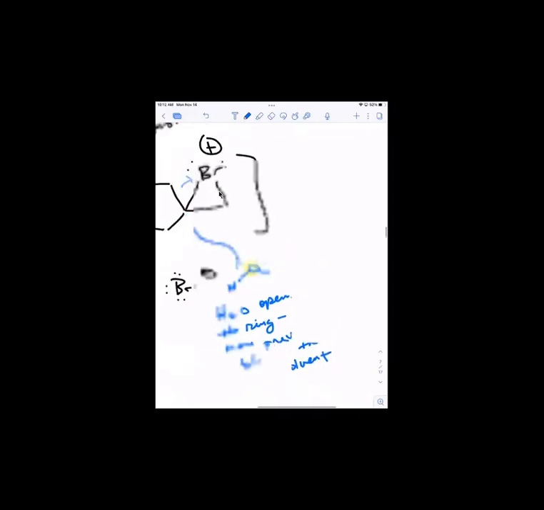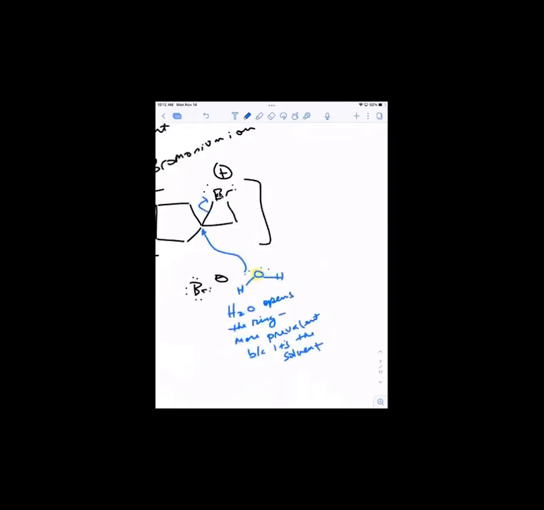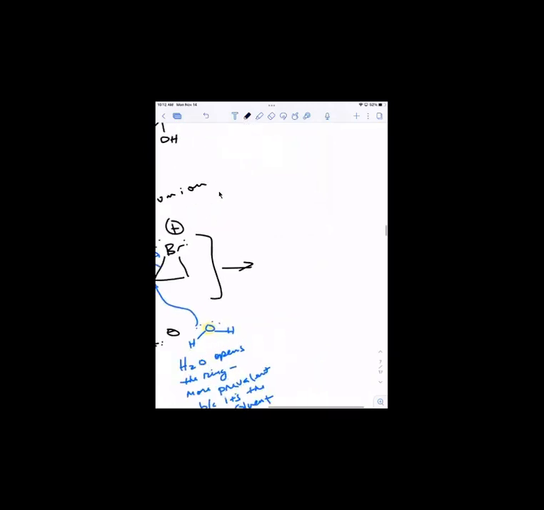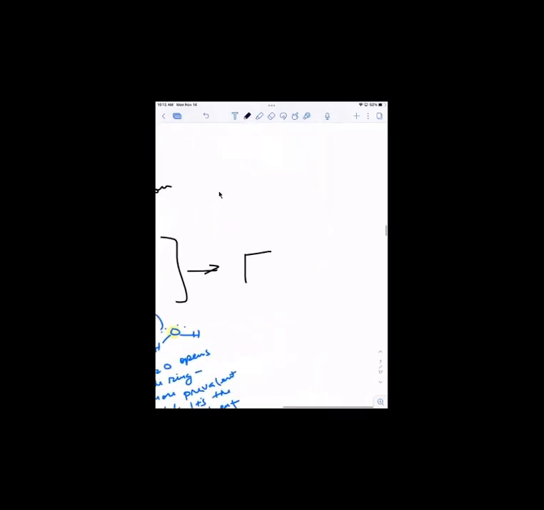All right. And this is purely stoichiometry. There's more water present than Br because water is the solvent. So the water is going to open the ring up, and I'm going to end up with my halohydrin. Well, not quite, but I'll end up with another intermediate.